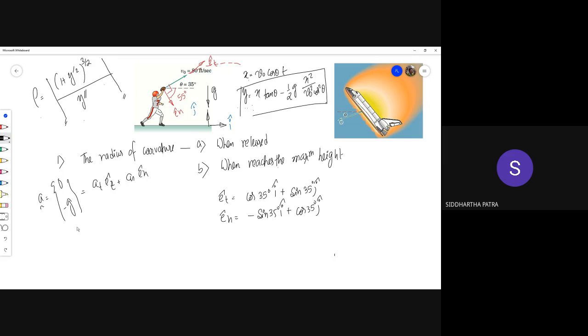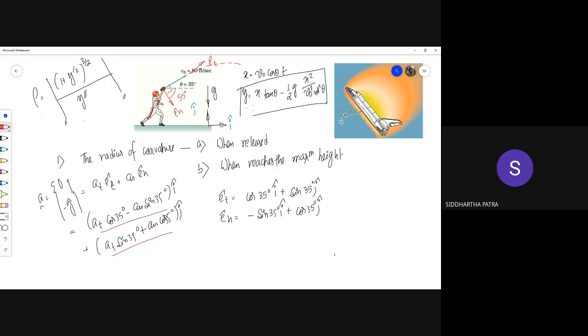So therefore you have this equals at cos 35 degree minus an sine 35 degree times i, plus at sine 35 degree plus or minus an cos 35 degree times j. That should equate to the two components of the acceleration in the Cartesian system.